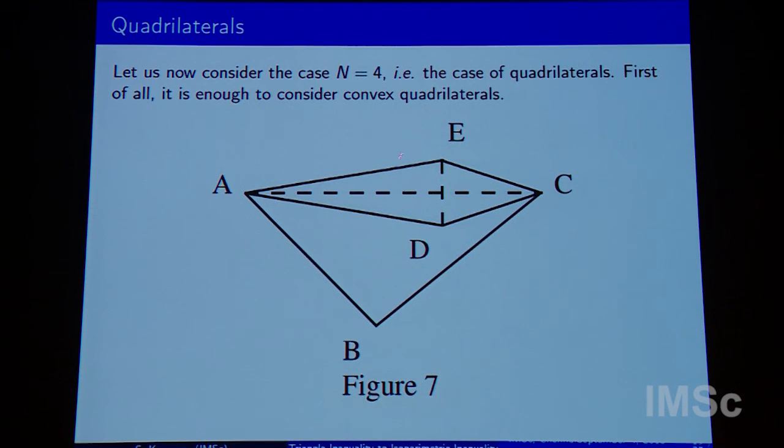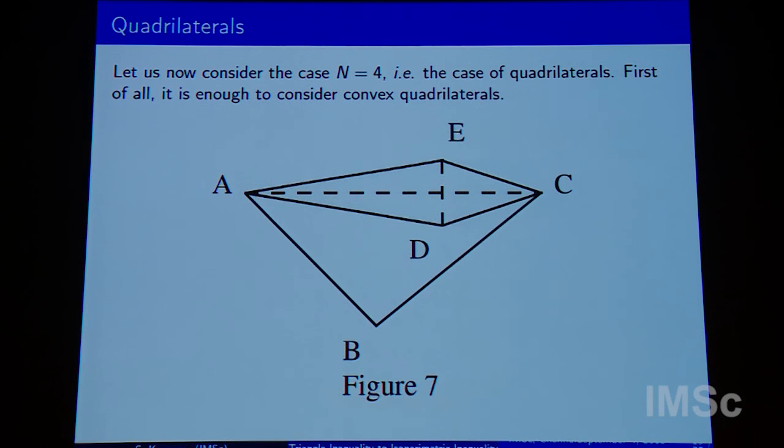AD equals AE, DC equals CE. So the perimeter has not changed, but the new quadrilateral encloses larger area. So it's enough to look at convex quadrilaterals. You don't have to look at dented quadrilateral, non-convex.